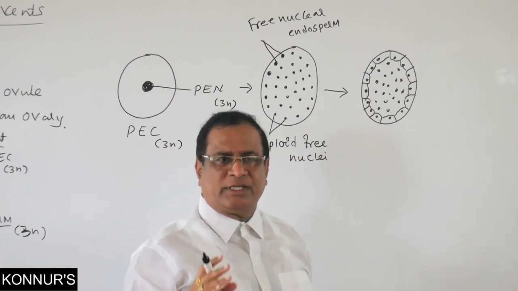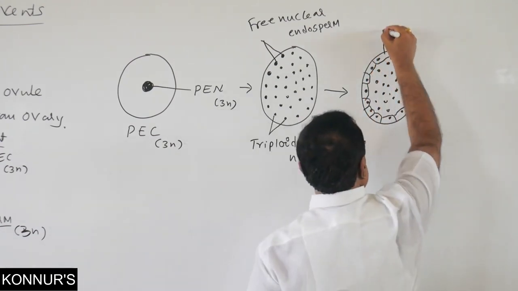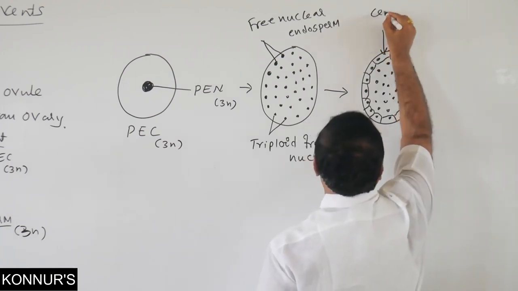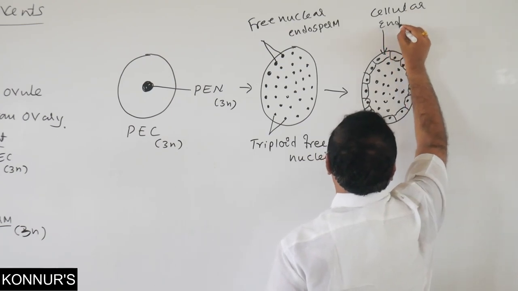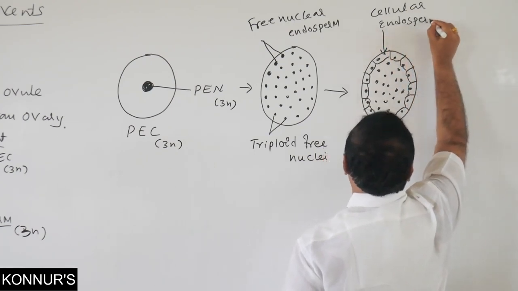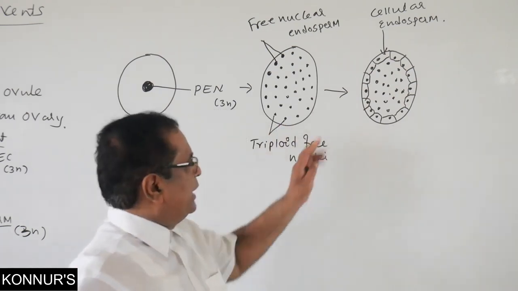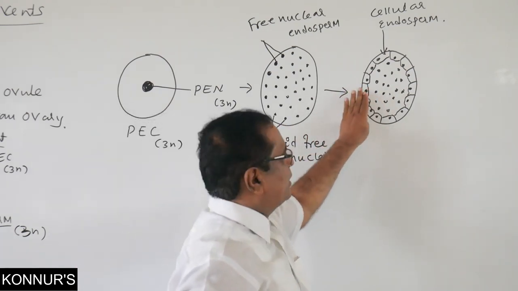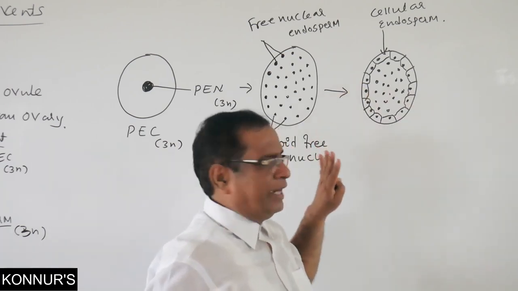Cell wall formation starts, leading to the formation of cellular endosperm. It may take place continuously and totally becomes cellular endosperm.